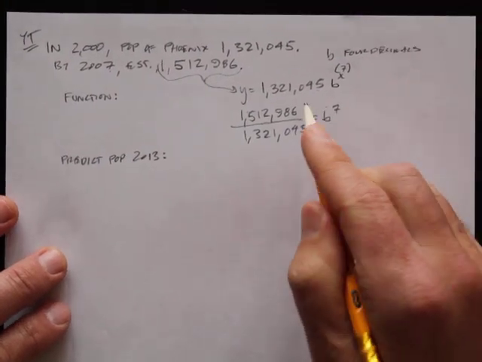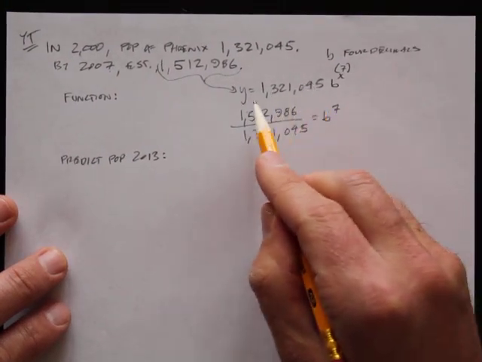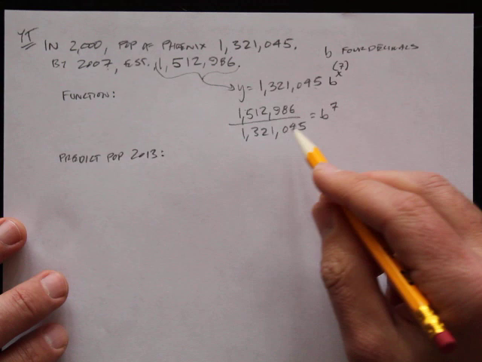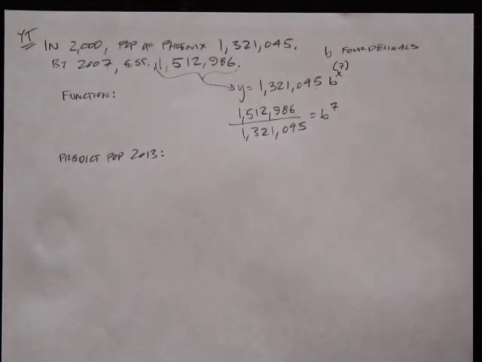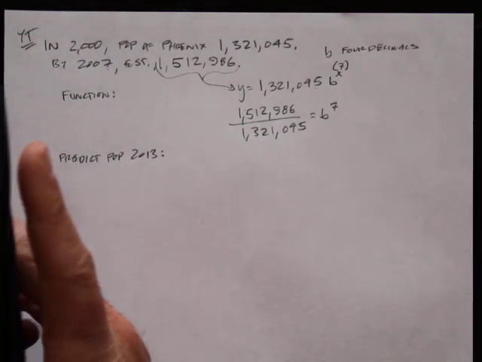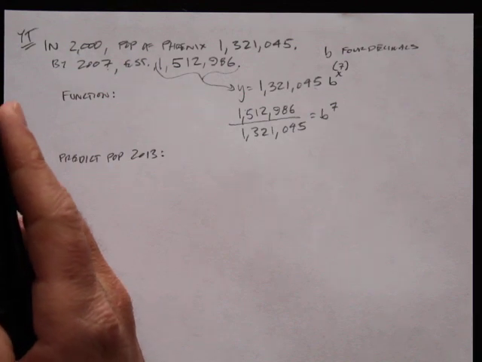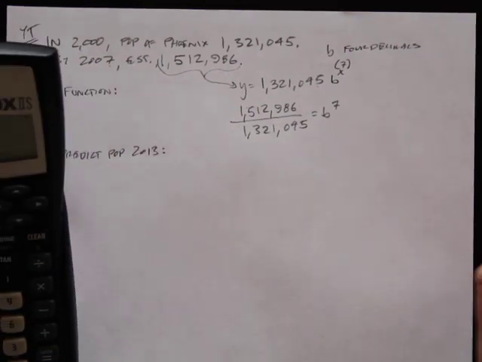Hopefully that's not too confusing what I just did. I just divided this from both sides, but I didn't want to write it all out. So now I'm going to take the 7th root of both sides.